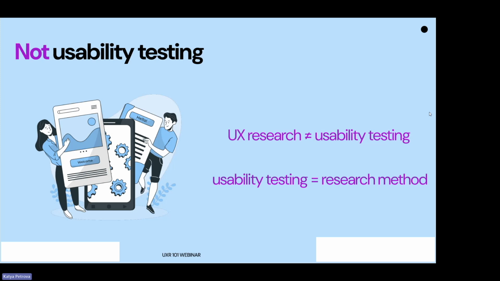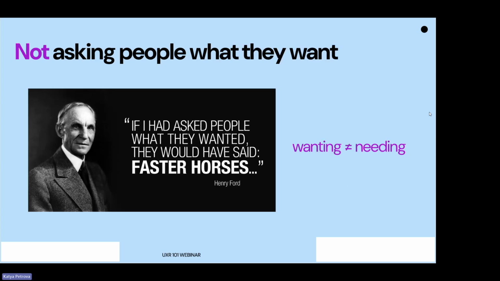It's essential for getting timely and valuable reality checks from getting our products in front of users. But UX research is not solely usability testing. Usability testing is just one of a range of research methods that we use. With usability testing, we're just trying to figure out what users are doing by observing them. So this is myth number one.